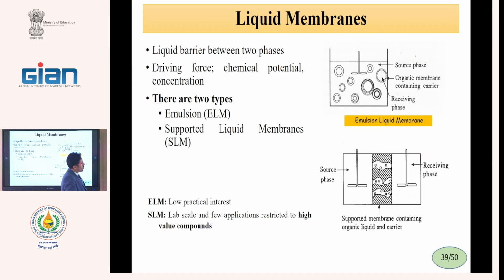We have a source phase or feed phase, and some molecules can contact the carrier and go to the receiving phase. In this case, we can have passive or active transport. In passive, we say high energy, high potential, goes to the low potential. But in some cases, we have an active transport, as discussed in lecture 1.